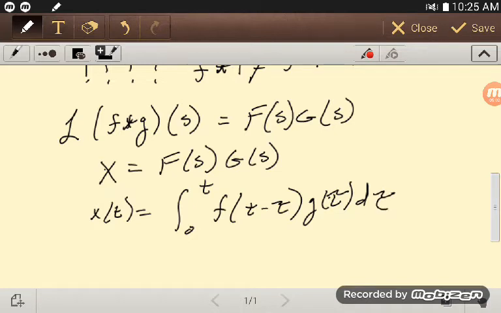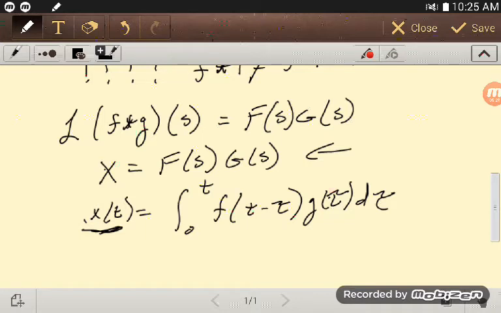Whether we can do that integral or not is a different story, but we have succeeded in finding our x of t if we were able to get to that stage. So that's the point: this ends up being a very handy theorem.